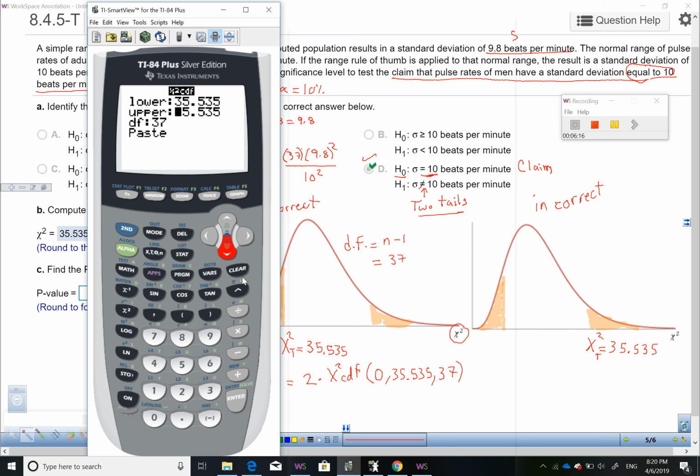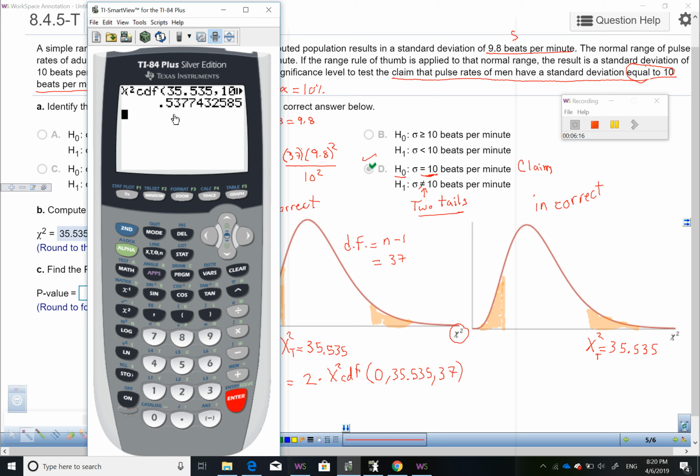The upper value, you can write any big number you might want. 10,000 is what I usually use. You can use 100,000, or whatever crazy value, 1 million. Degrees of freedom is still 37, and you get this area.